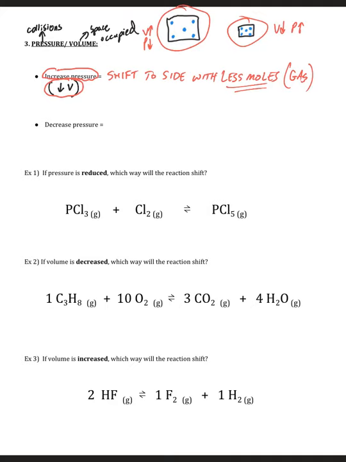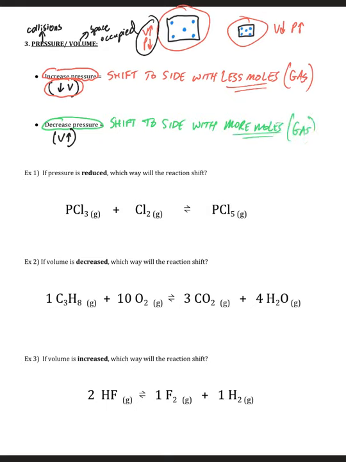On the other hand, if there is a decrease in pressure, meaning that volume has been increased because at a higher volume pressure goes down, then it's going to shift to the side with more moles. And remember, it has to be moles of gas once again.